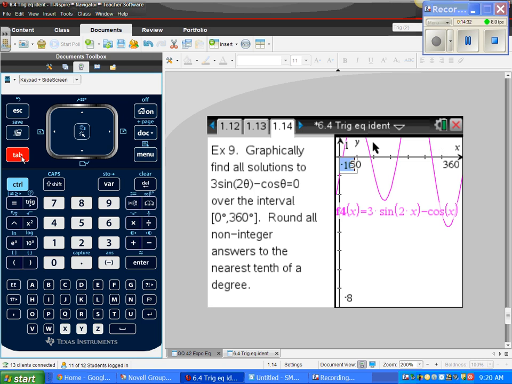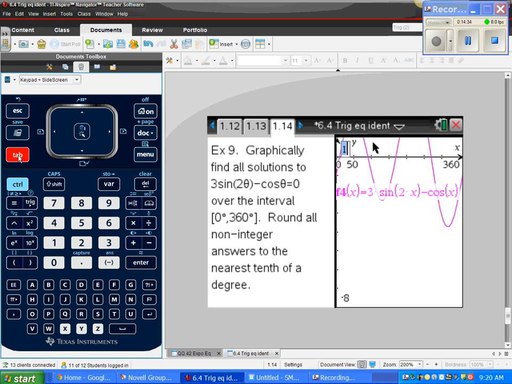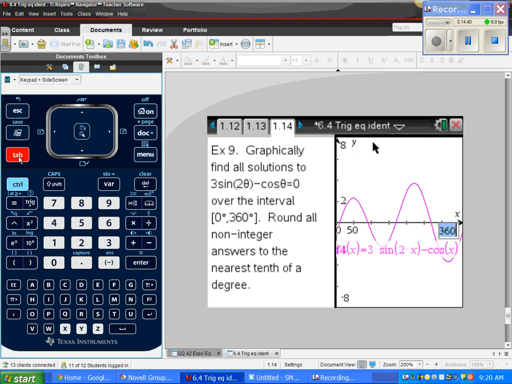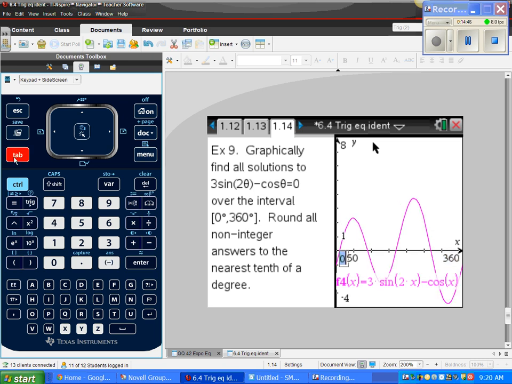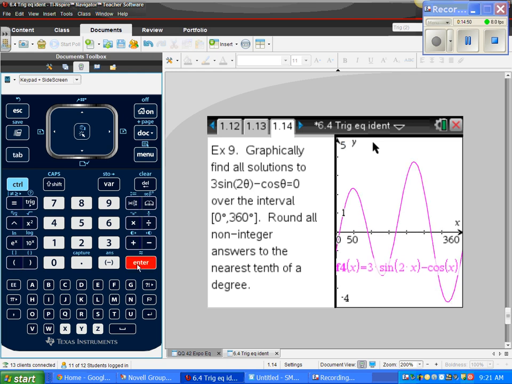X minimum? 0, good. Do I like my y maximum? No, I want it bigger, right? What do you want to try? 8, okay. All right, so that's not too bad, right? I probably want to stretch it out a little bit more, make that a negative 4, make this 5. So that's going to give me a little bit of a better view. Okay? All right, so go ahead and find those solutions.